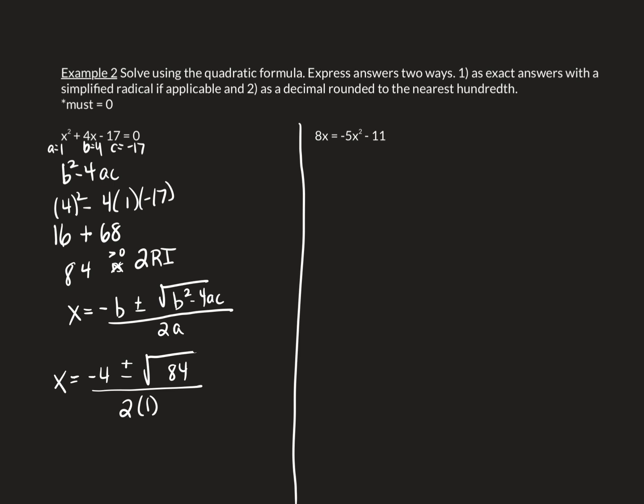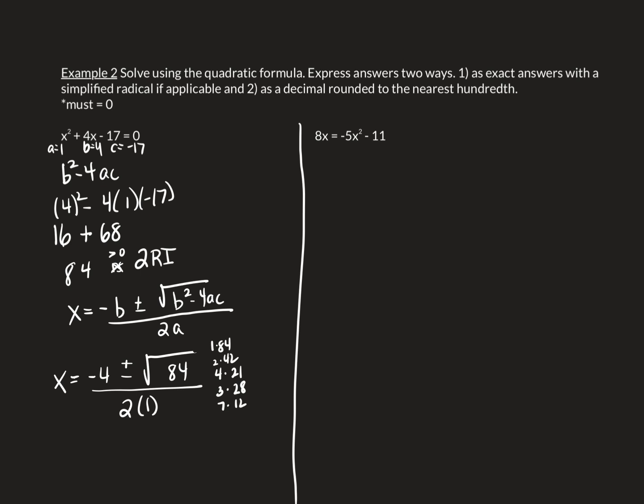Let me think about factors. 1 times 84, 2 times 42, 4 times 21. Well, I skipped 3. 3 times 28. Is that right? Yes. 7 times 12.